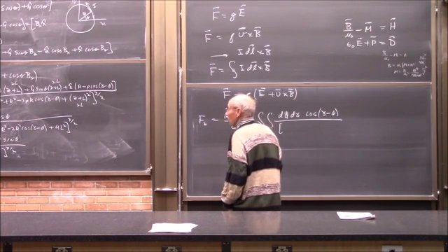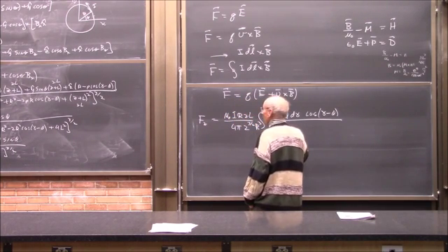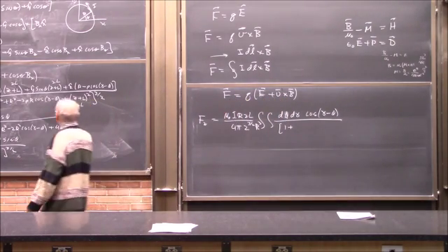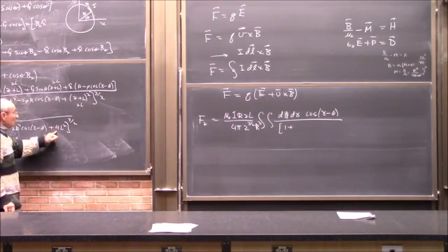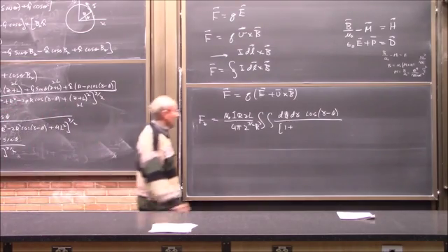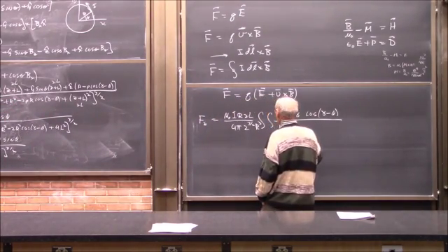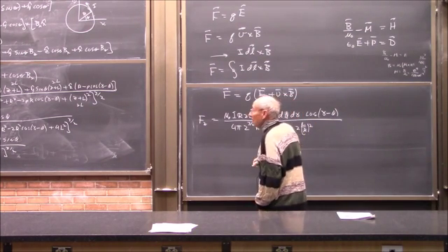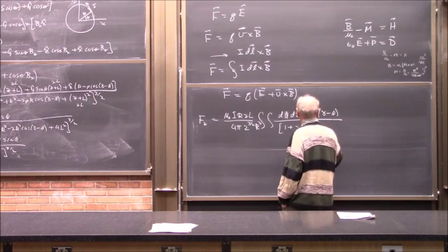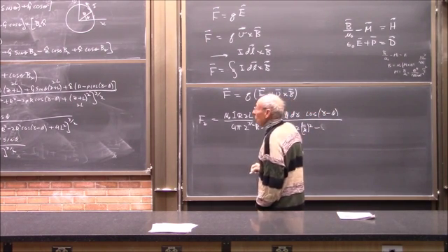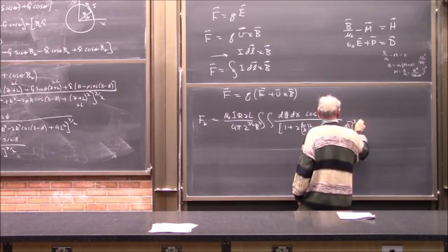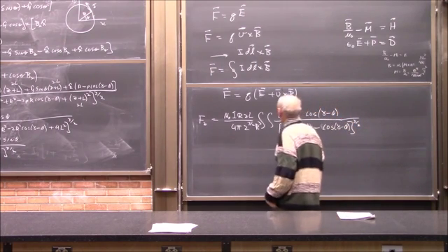And then downstairs we will have 1 plus, I factored out a 2r squared, so this becomes 2L over r squared, minus, factored out the 2, cosine gamma minus phi to the 3 halves.